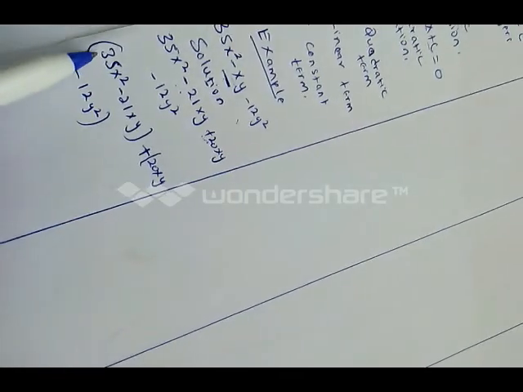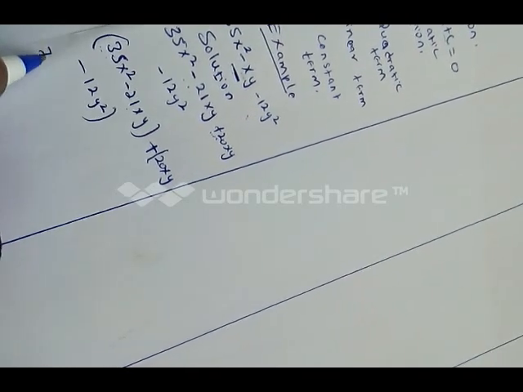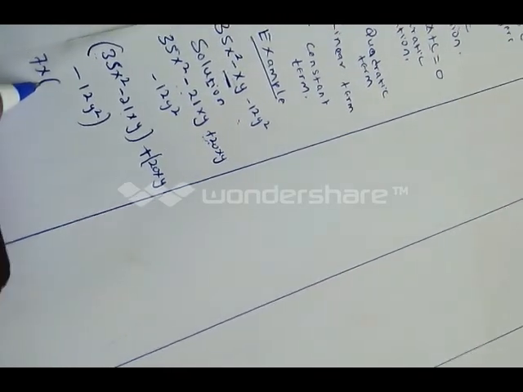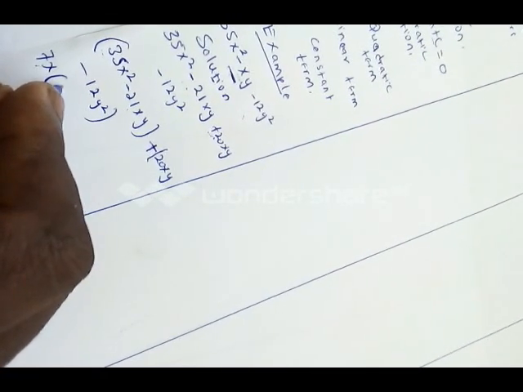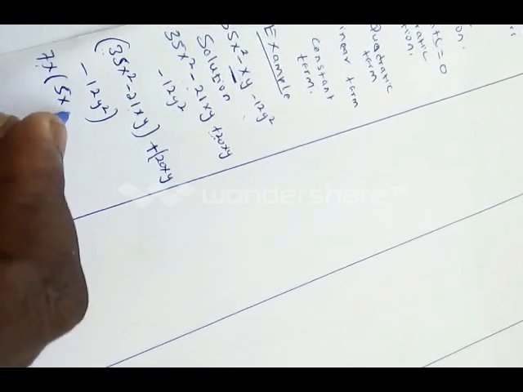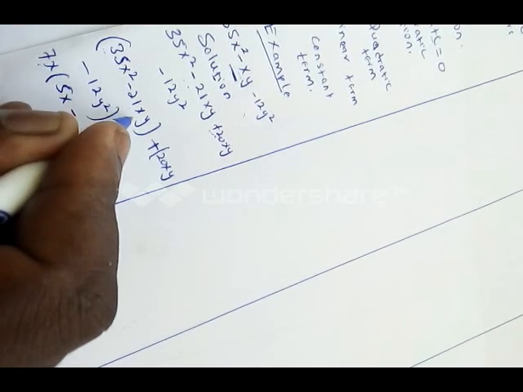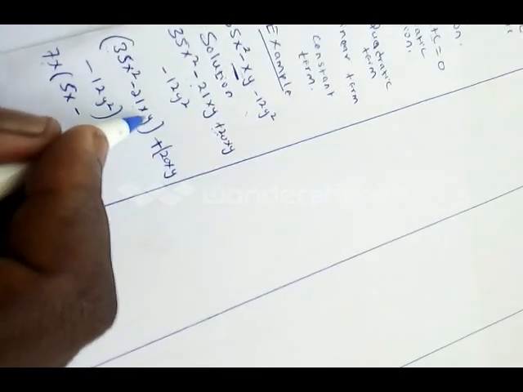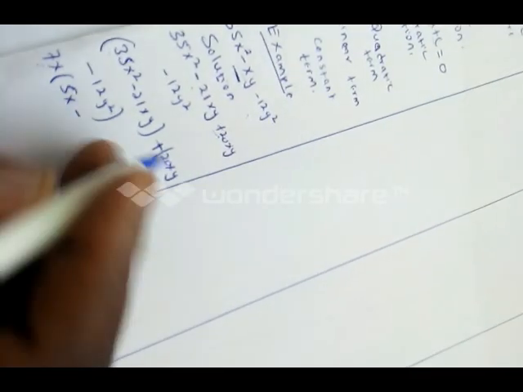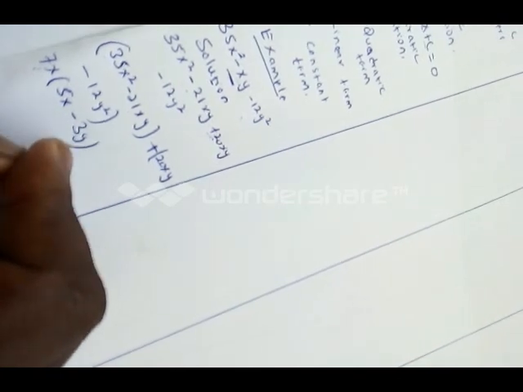From there, you see 7x is common, so you factor out 7x into a bracket: 35x squared divided by 7x gives 5x, and minus 21xy divided by 7x gives minus 3y.